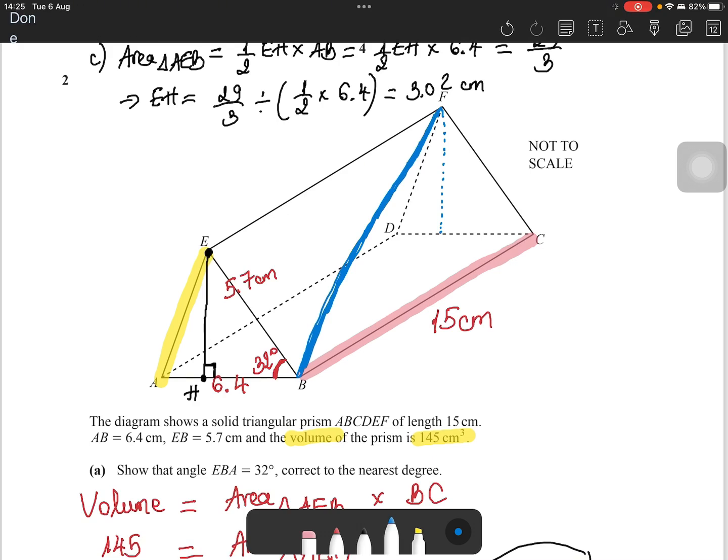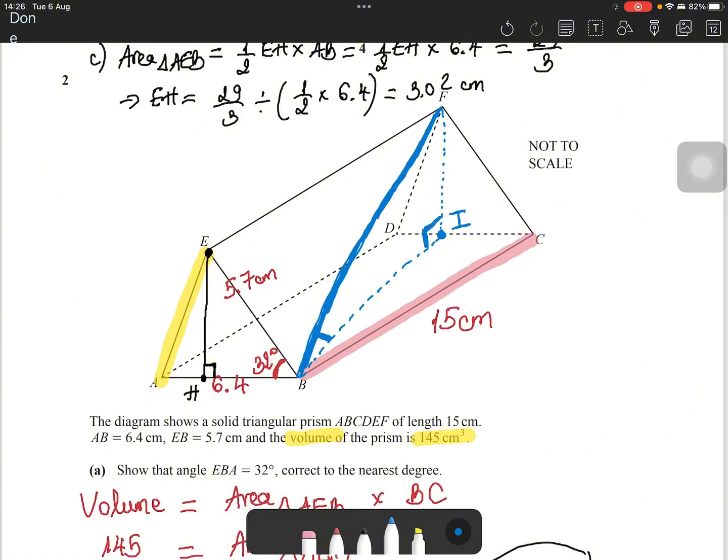Then I'll call this one I. And the angle that BF makes with the base ABCD is actually the angle that BF makes with the side BI, this blue angle.